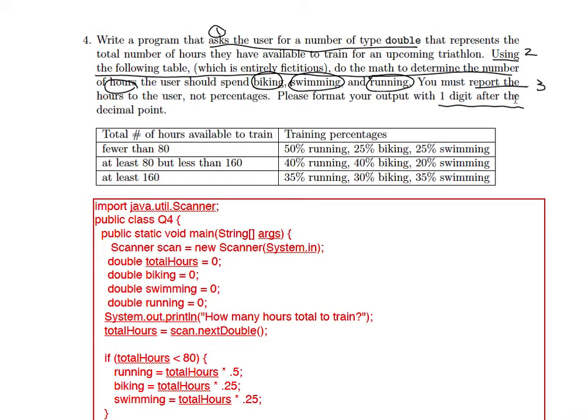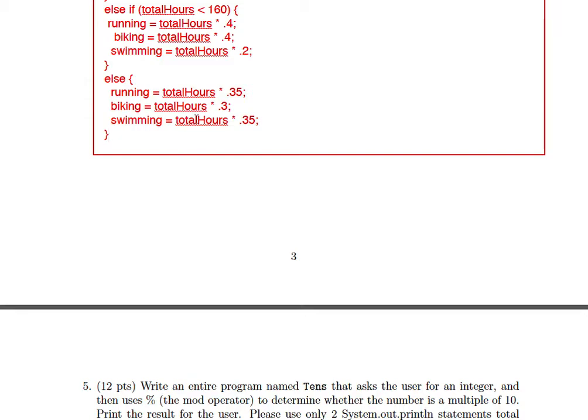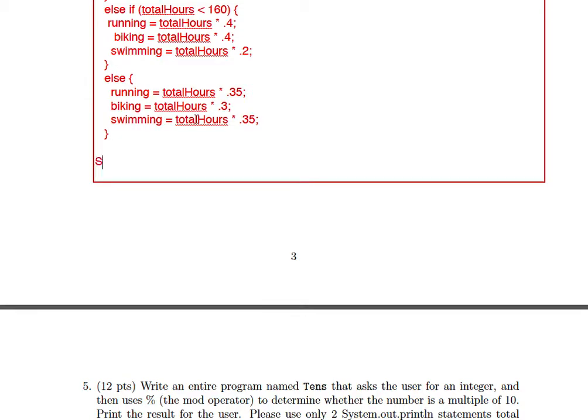Number 3 is report the hours. Please format your output with 1 digit after the decimal point. That sounds a lot like printf. So now I will do that here. System.out.printf of your total %.1f hours. Should be spent biking.